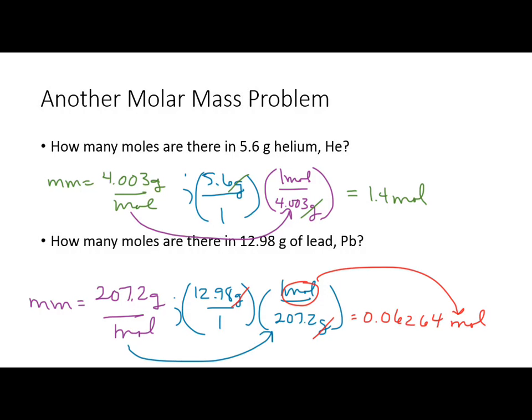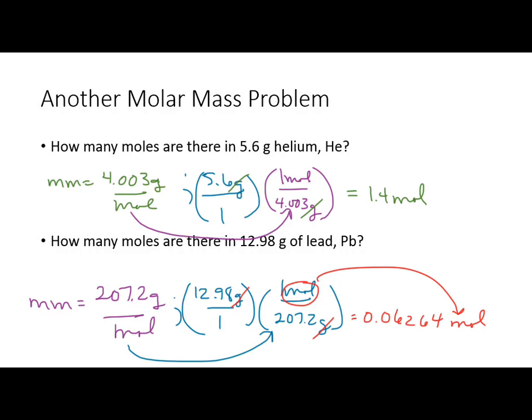And then the next one, from grams to moles, is how many moles of gold atoms are there in 57.3 grams of gold?